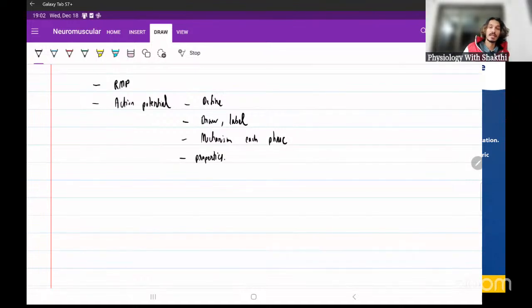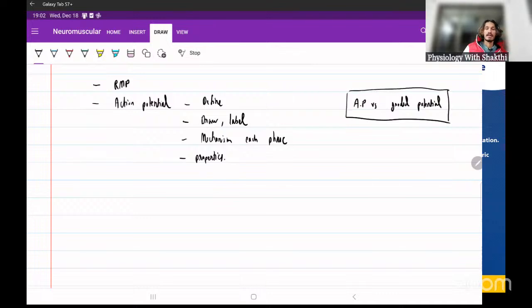And sometimes there might be a question, what is the difference between action potential versus graded potential? So from this topic, these are the various important questions that keep repeating all the time. Okay, so we'll start off with your RMP.